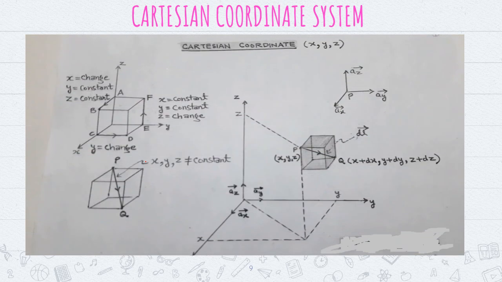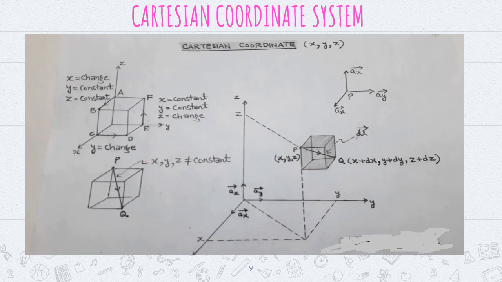Here you can draw a rectangular shape like structure at the point P. The projected diagram is shown on the left side.